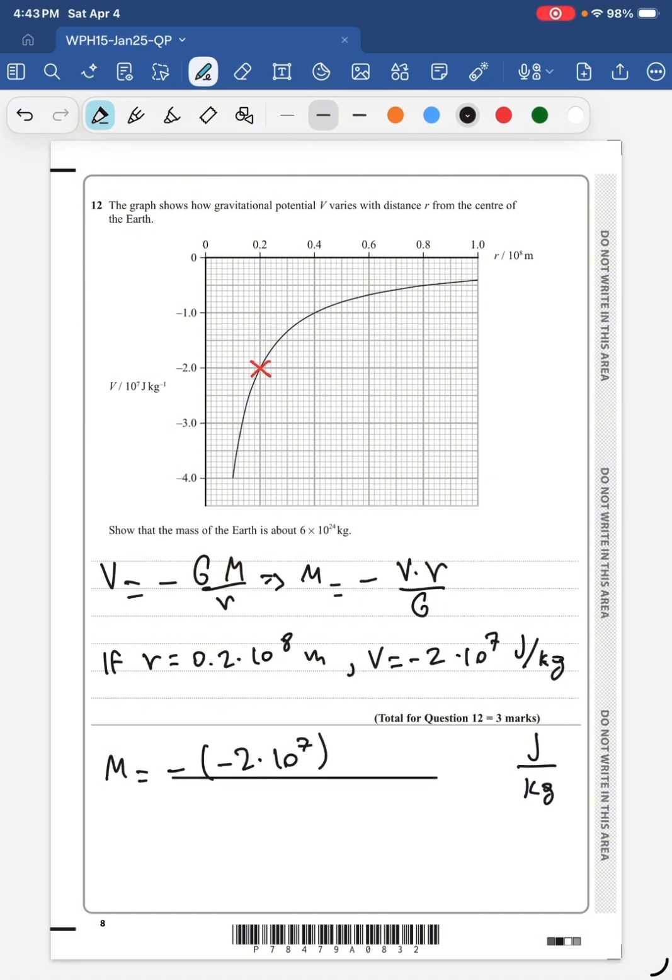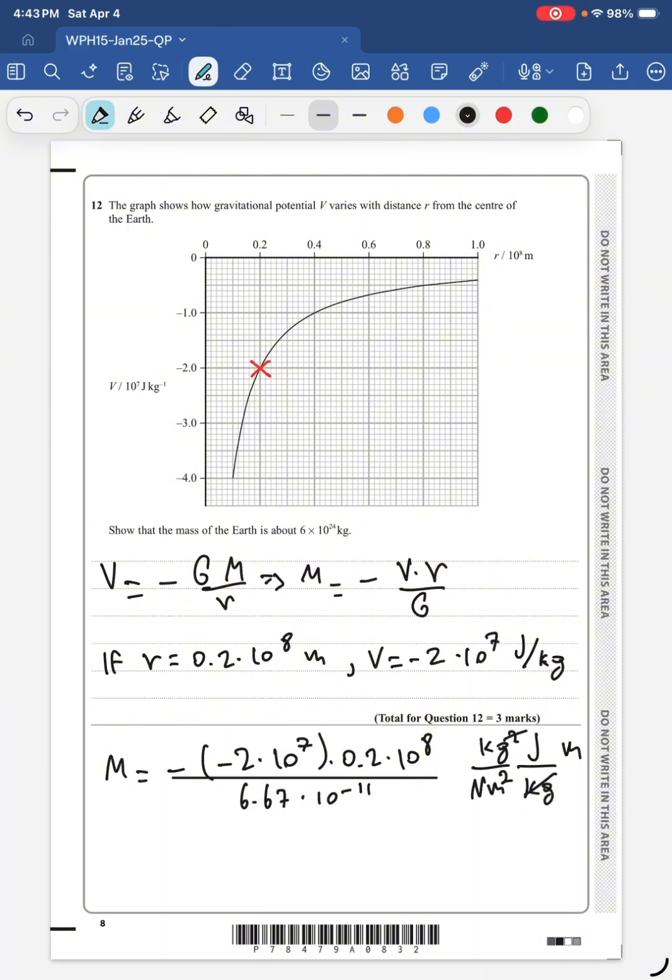Okay, and then R is 0.2 times 10 to the 8, and this is meters. And then in the denominator, we have 6.67 times 10 to the negative 11. And the gravitational constant is given in units of newtons times meters squared over kilograms squared.